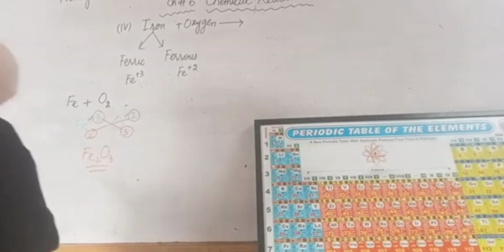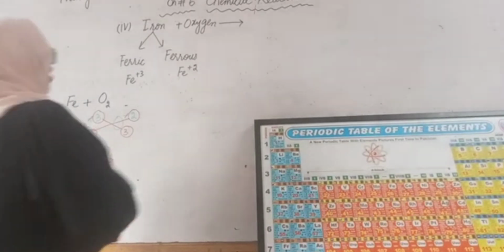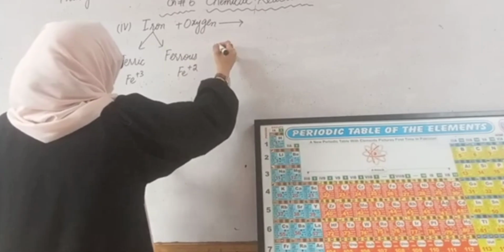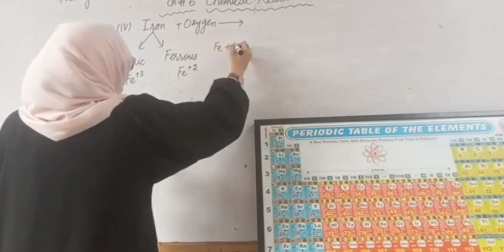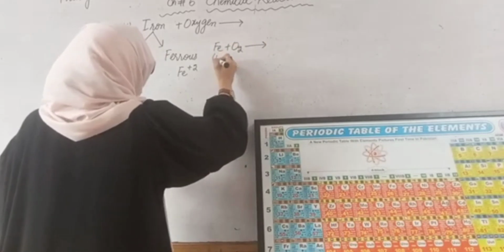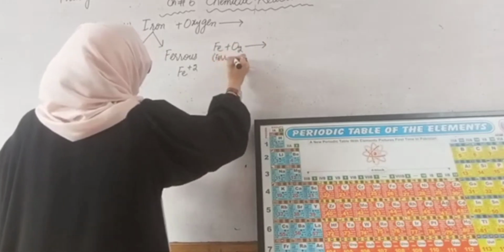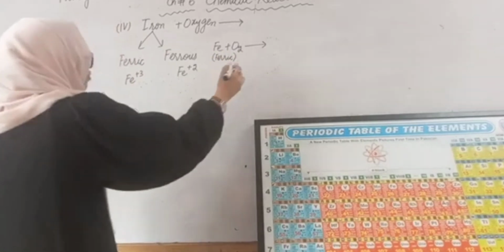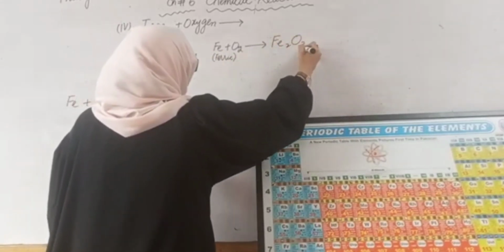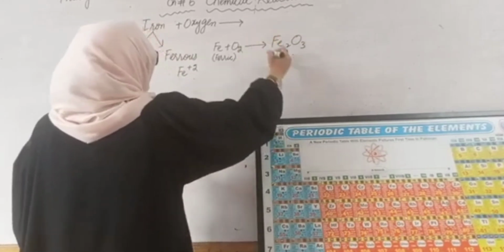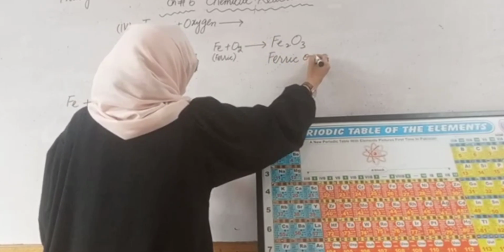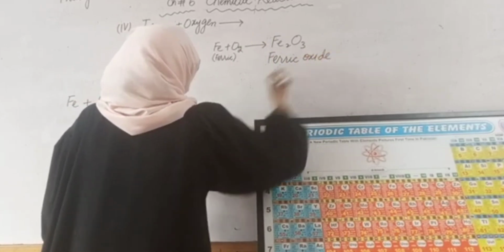Fe2O3. As we have obtained from the reaction of Fe plus O2 in the ferric form, we will get Fe2O3. It's ferric oxide.